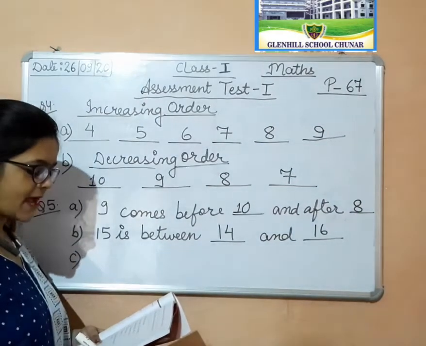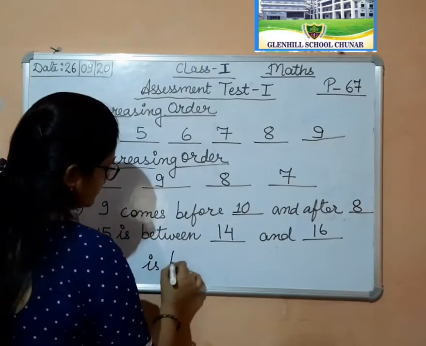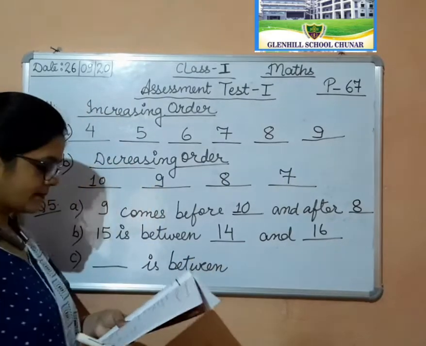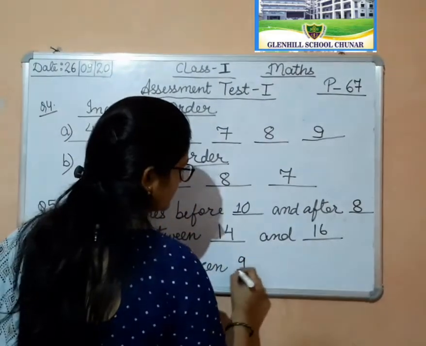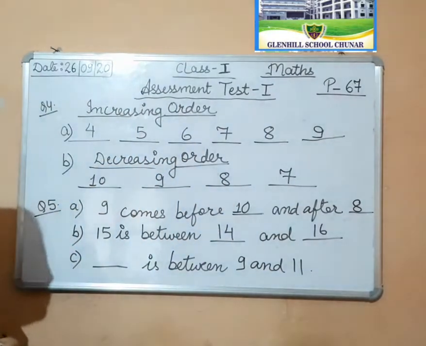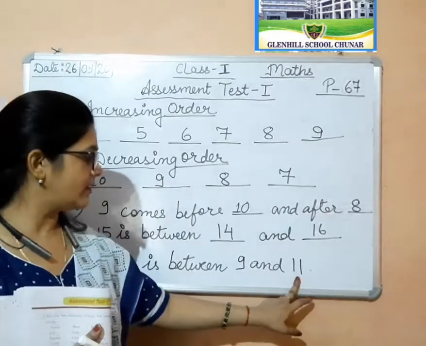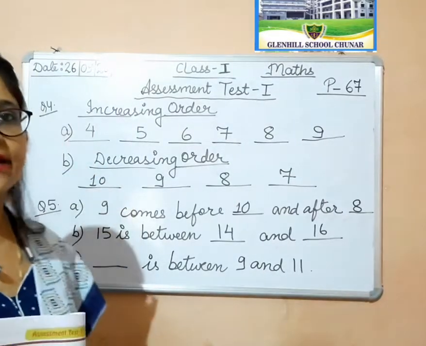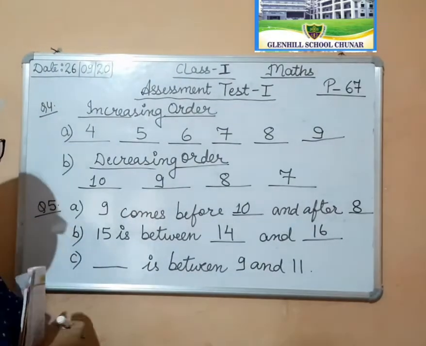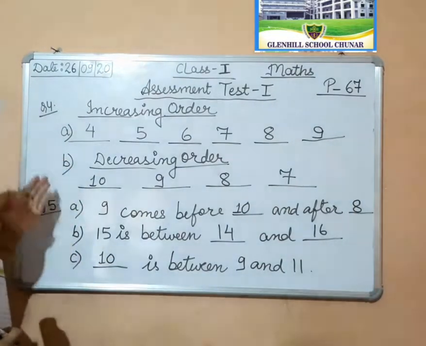dash is in between 9 and 11, sorry, dash is between 9 and 11। now can you tell me what will come here in between 9 and 11? 9 and 11 के बीच में क्या आएगा, in between, yes, it will come 10। okay, so write these 3 and questions.